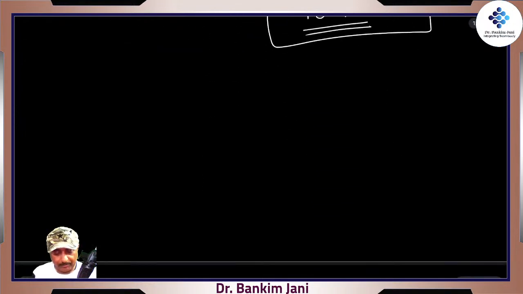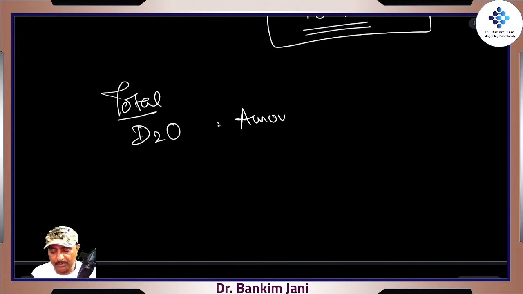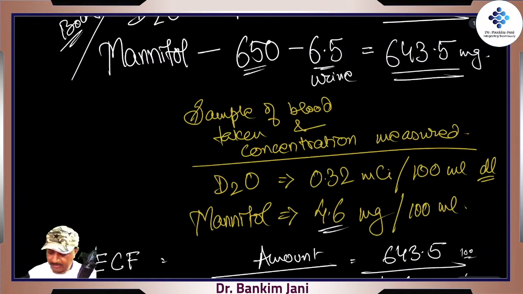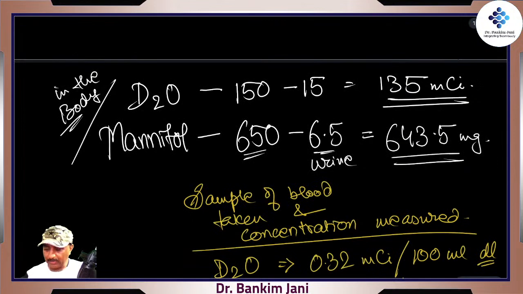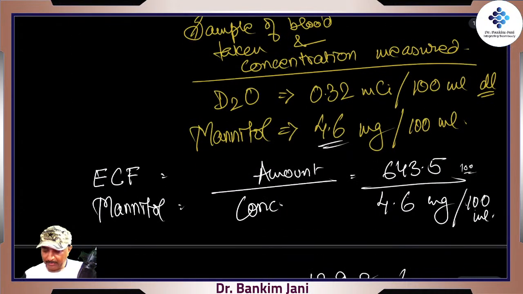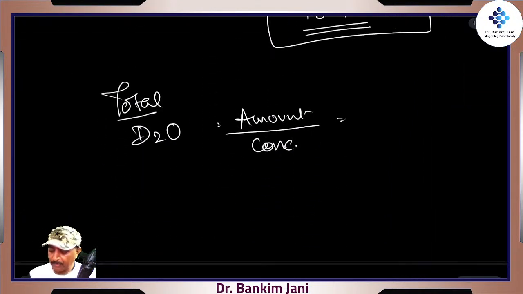Now we calculate the total one, for total body water. For the total, we'll be going for the D2O. Again, the same principle: what's the total amount upon what's the concentration? Our total amount in the case of D2O was 135, so 135 upon 0.32. Units are millicurie per 100 ml.